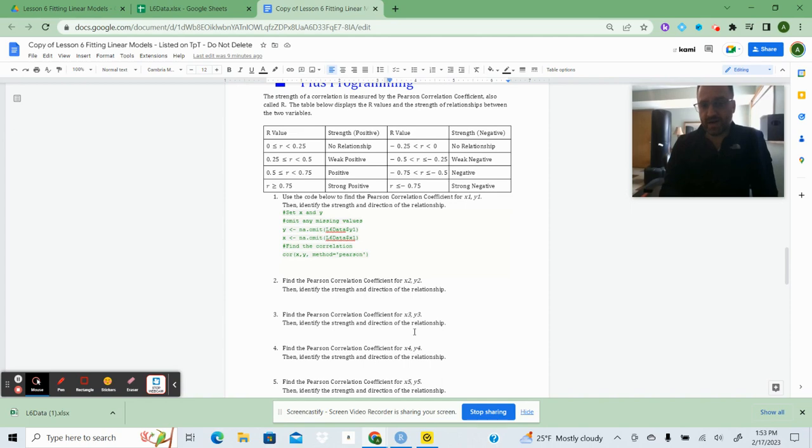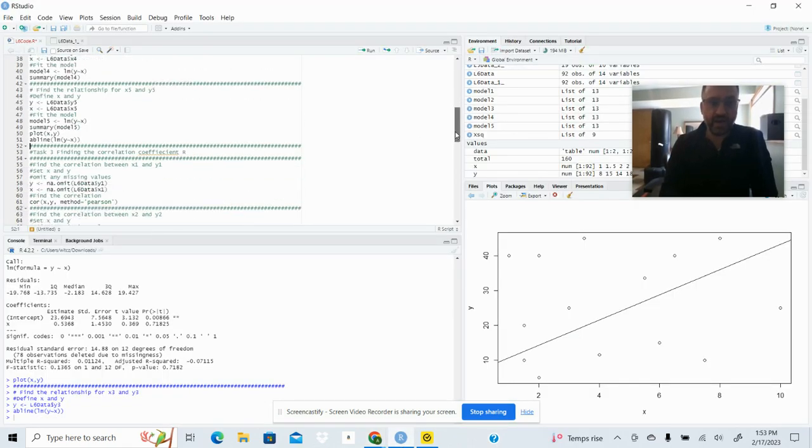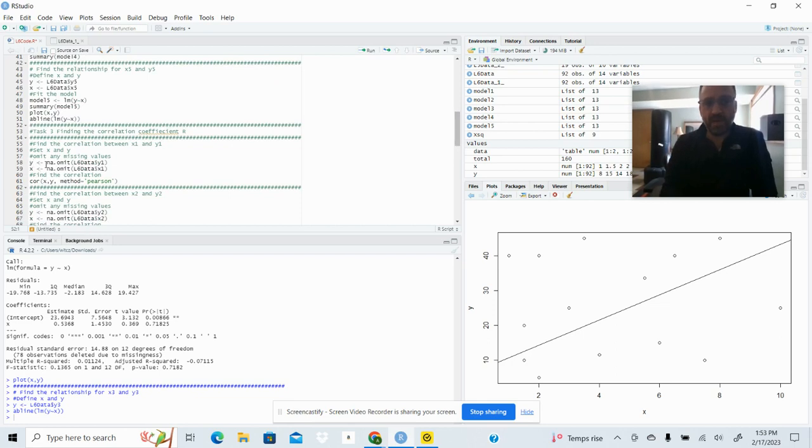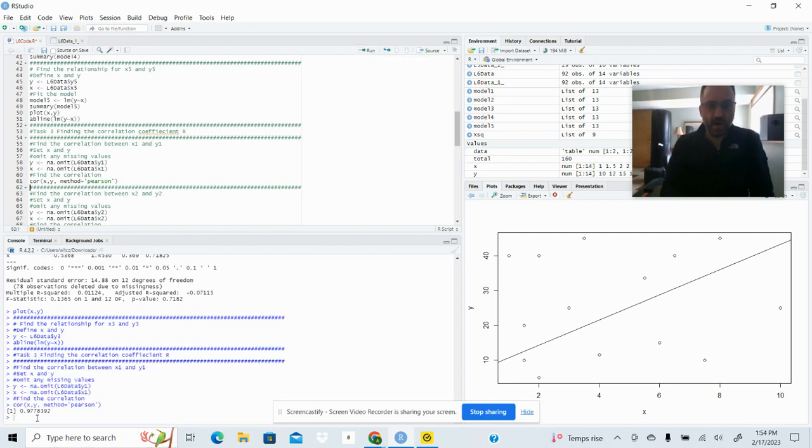So what we're going to do is find the correlation coefficients. Here is how you do that. You omit the blank values, and then you just put cor of x, y, method is Pearson. It's called the Pearson correlation coefficient, and that's actually called R. So R Studio, or R computer programming, is named after this statistic. Here R for the first one is 0.97. That's a strong positive.